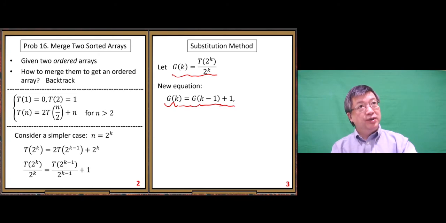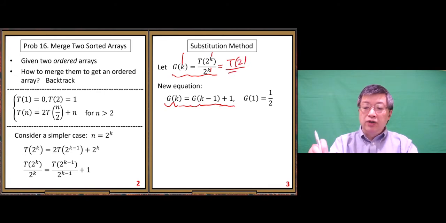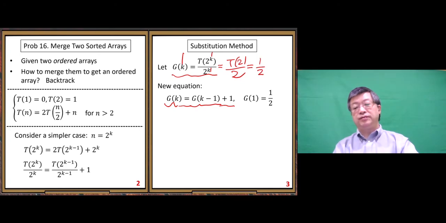But we also need to get the initial condition. G of 1, so you're plugging 1 here, 1 there, so you get t of 2 over 2 to the first, which is t of 2 over 2. T of 2 is 1 over 2, so you get 1/2. G of 1 equals 1/2.